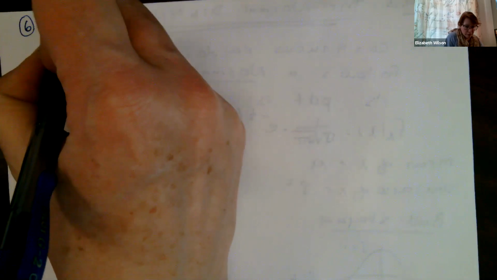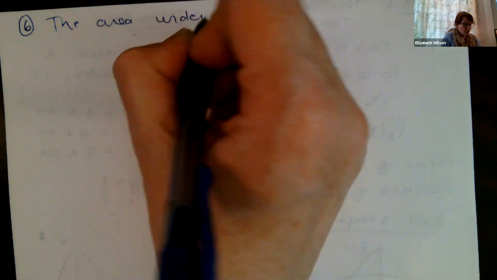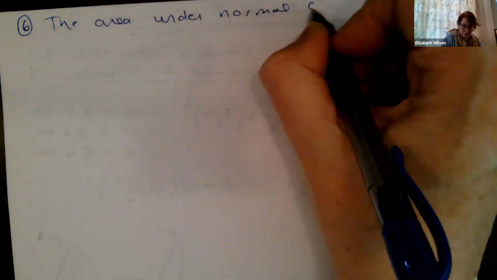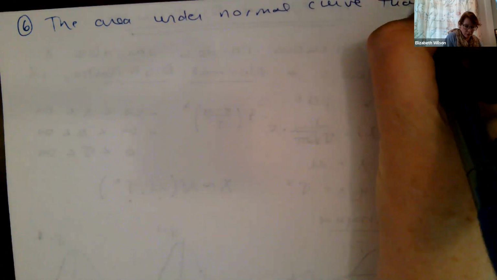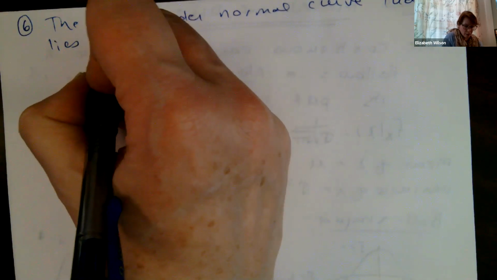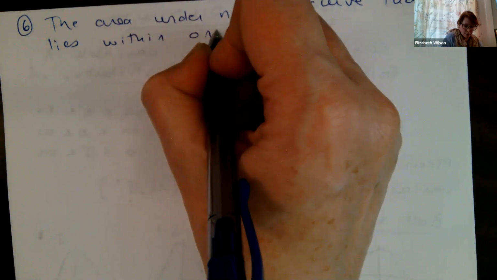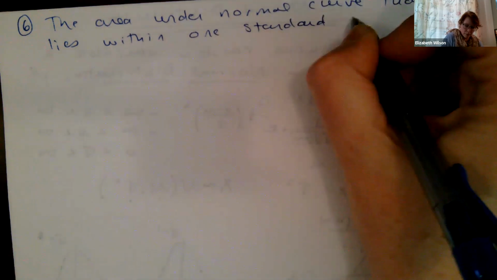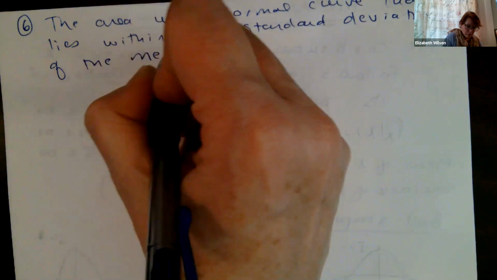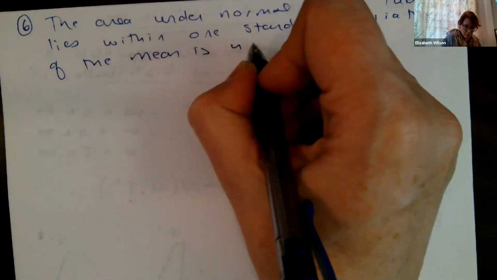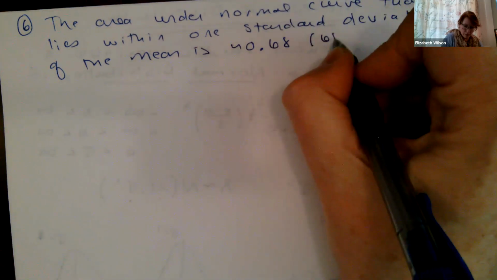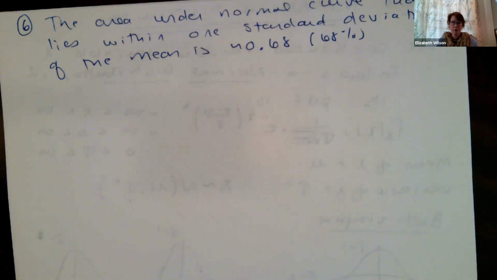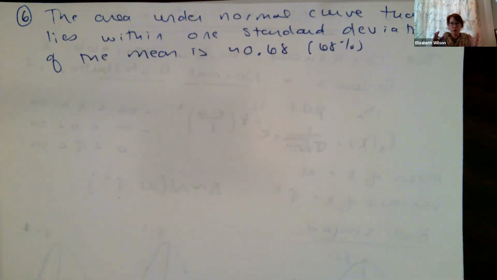Characteristic 6: the area under our normal curve that lies within 1 standard deviation of the mean.